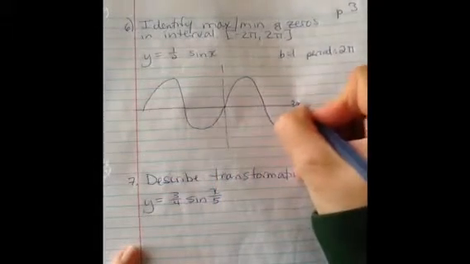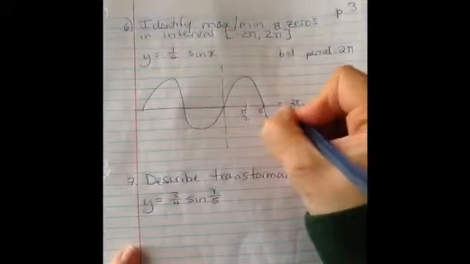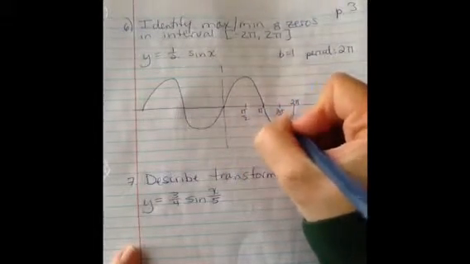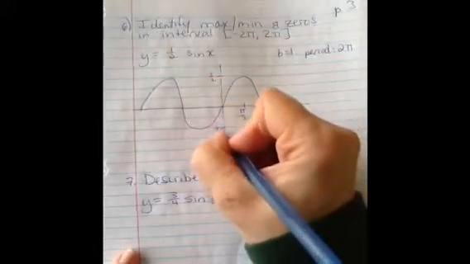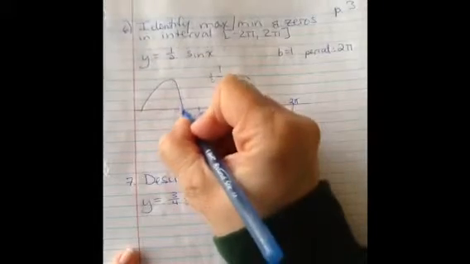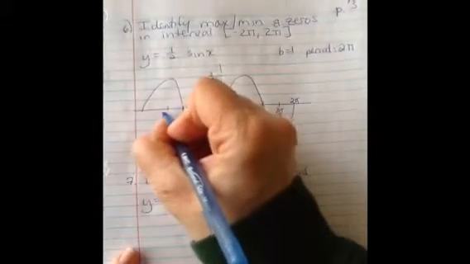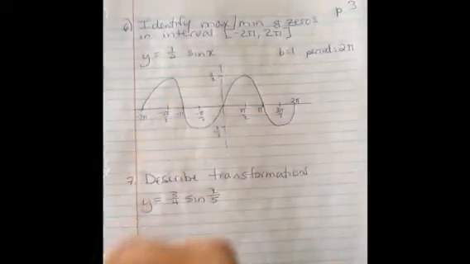That means here is 2 pi, and this is pi, and pi over 2, and half of that is 3 pi over 2. The max is 1/2, the min is negative 1/2. Again, negative pi over 2, negative pi, negative 3 pi over 2, and negative 2 pi.